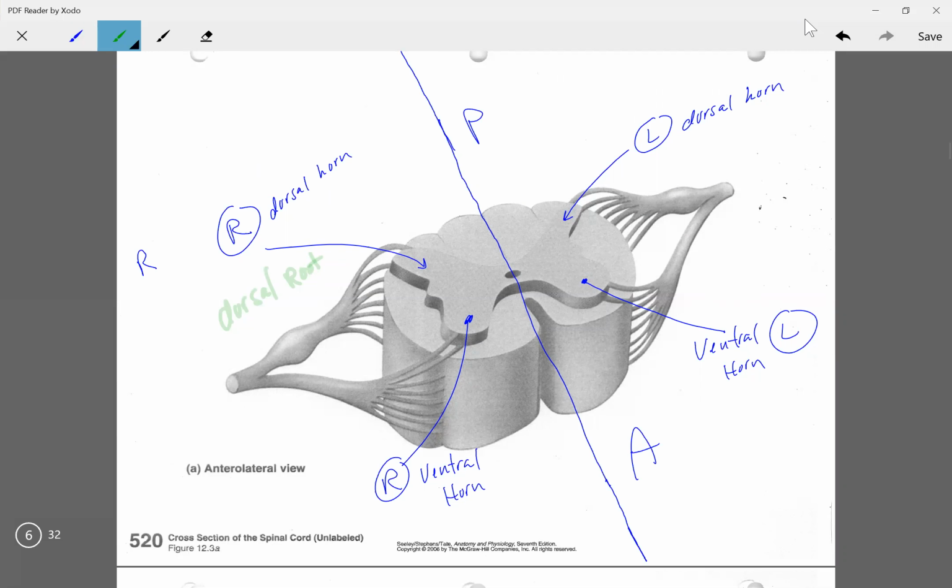So the dorsal root on the right, because that is on the posterior aspect. And over here, that's also the dorsal root on the left.